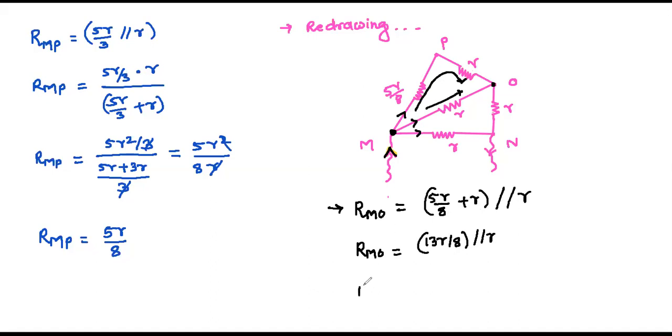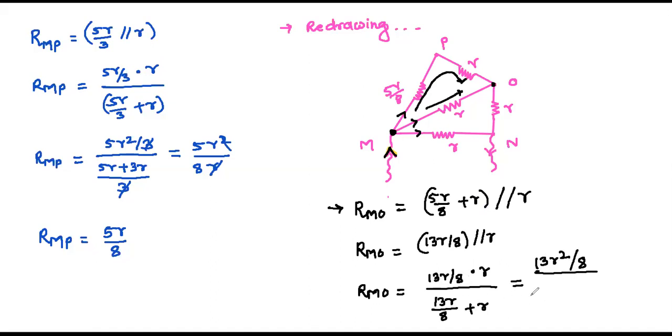Right or no? So therefore RMO is equal to 13R by 8 into R divided by 13R by 8 plus R. So that is equal to 13R square divided by 8, 13R square by 8 divided by 13R plus 8R, how much will it be? 21R, right?